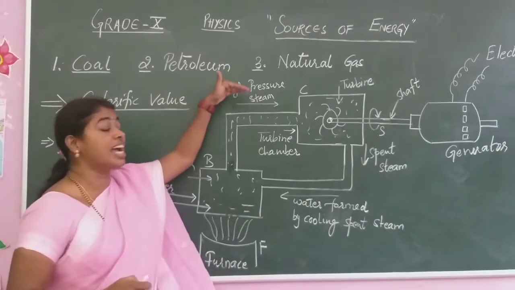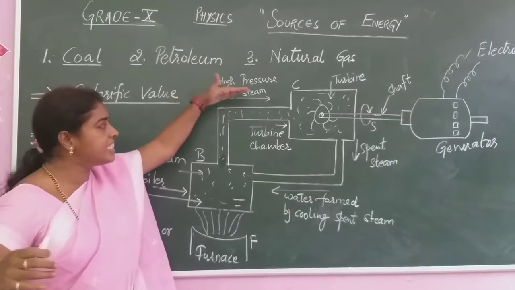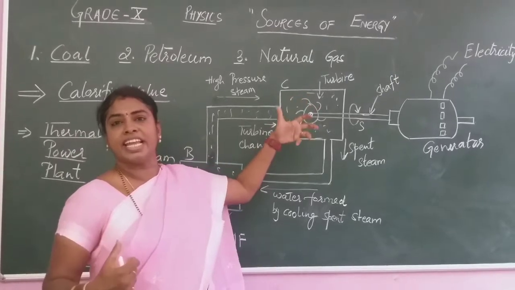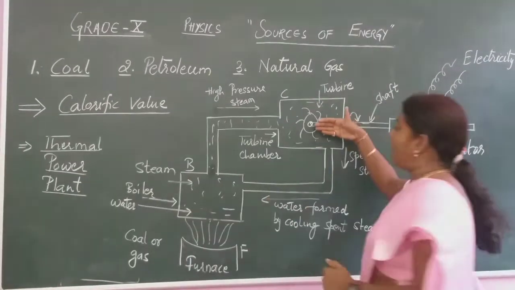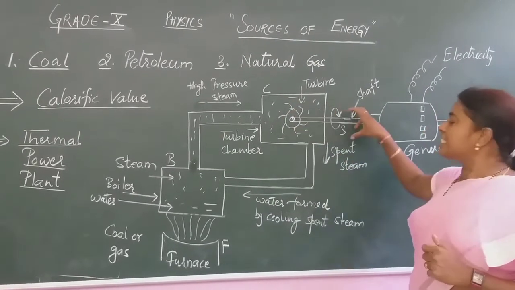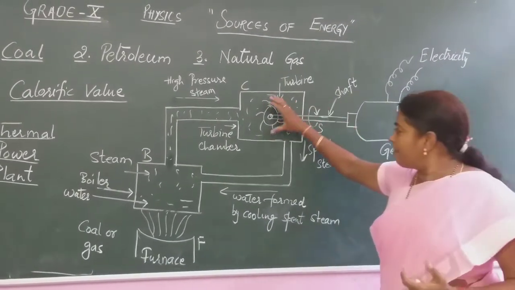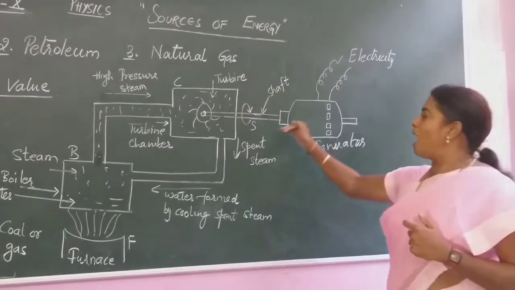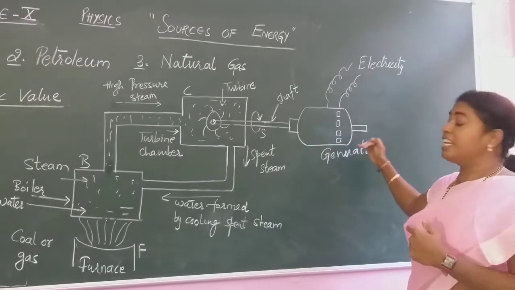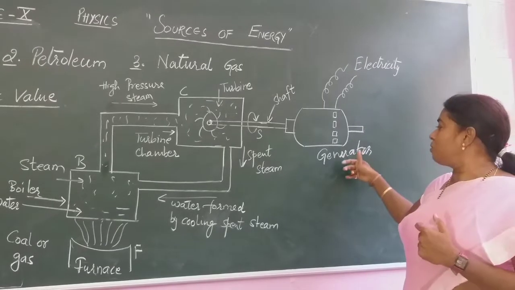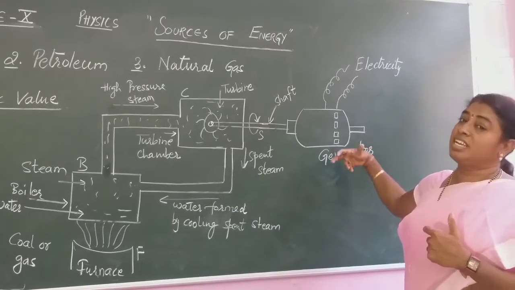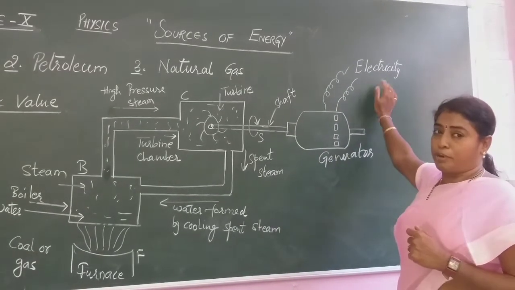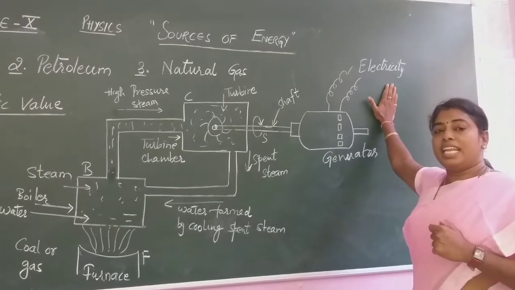So this high pressurized heat energy, or hot air, steam, turns the turbine, and the turbine starts rotating. Kinetic energy is available, and the turbine is connected to the shaft. So if the turbine is rotated, the shaft will also be rotated. Once the shaft is rotated, it gives an indication to the generator. Once the generator starts giving a response, it means the electricity is produced. This is the way the electricity is produced.